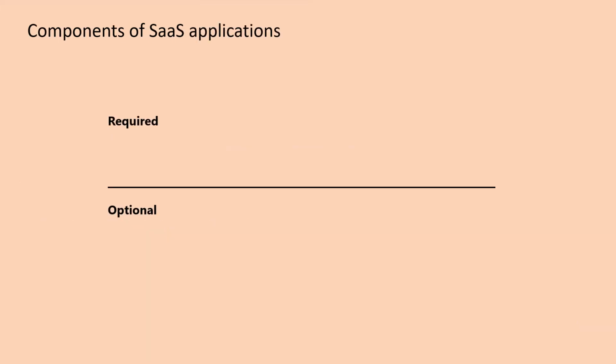There are several components of SaaS applications, and some are required, some are optional, and we're going to have a quick look at what those might be. Firstly, we do need to configure our SaaS application in Partner Center. There's a lot of business information that goes into this configuration of our offer, but for our purposes, we're going to investigate the technical configuration aspects of setting up Partner Center.